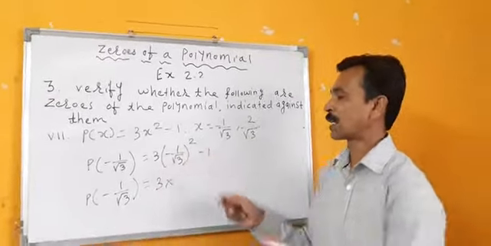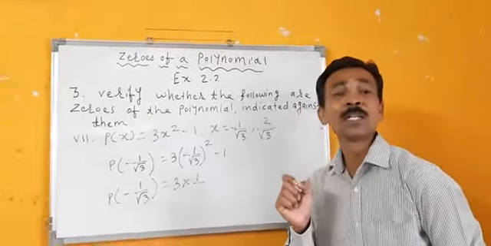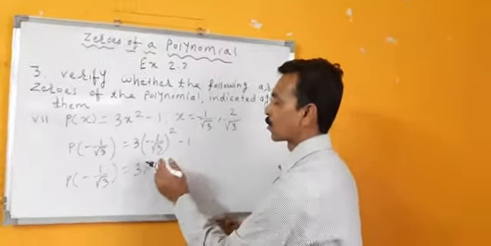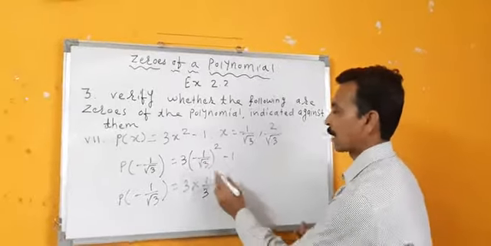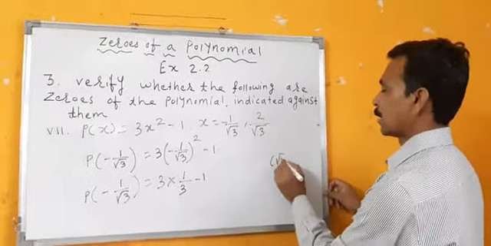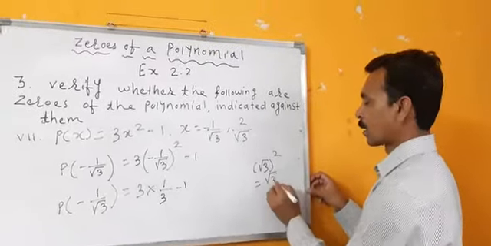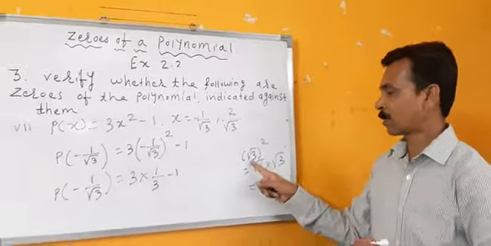What is the square of minus 1? It is plus 1 because the square of any negative number is always positive, upon, what is the square of root 3? That is 3, minus 1. How? I will tell you. See, root 3 square means root 3 into root 3, because you have to multiply root 3 two times.